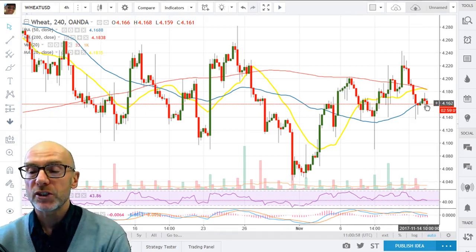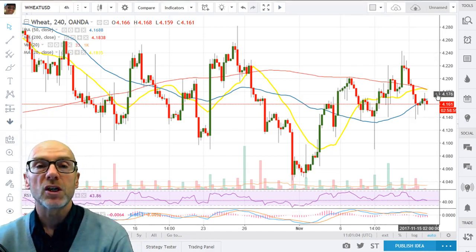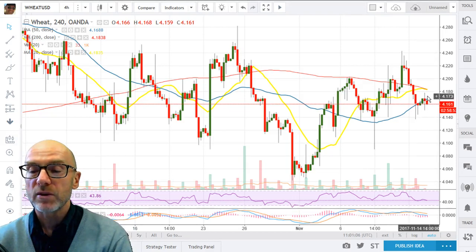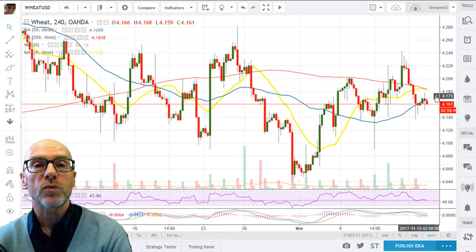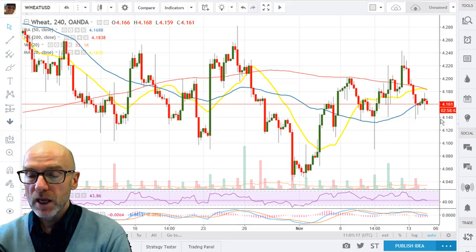It'll be very interesting to see where it's at when the 20 comes down to meet it. Is the 50 still going to be going up, or will it have rolled down? If it's rolled down, that could be a very bearish indicator, because all three averages will be together, and when that happens you do tend to get quite a big move.